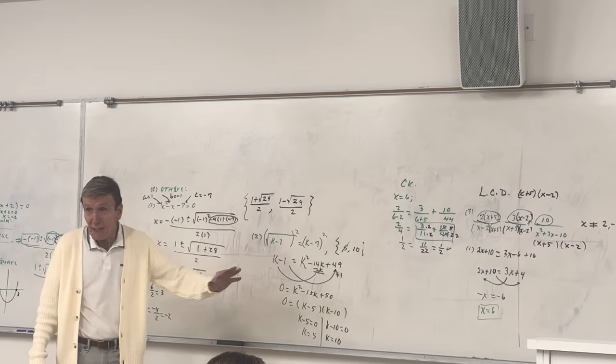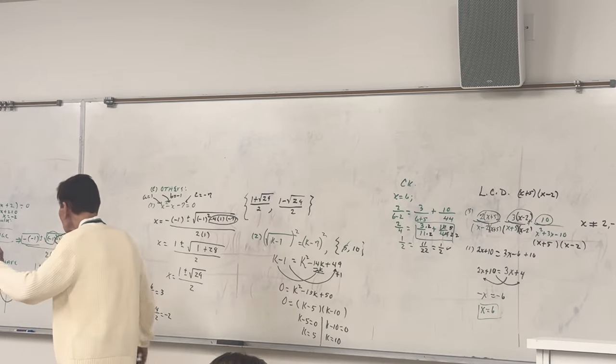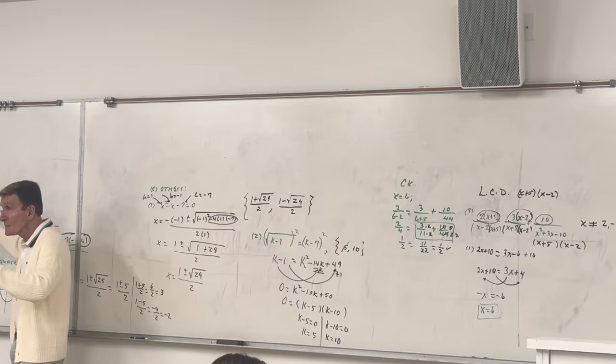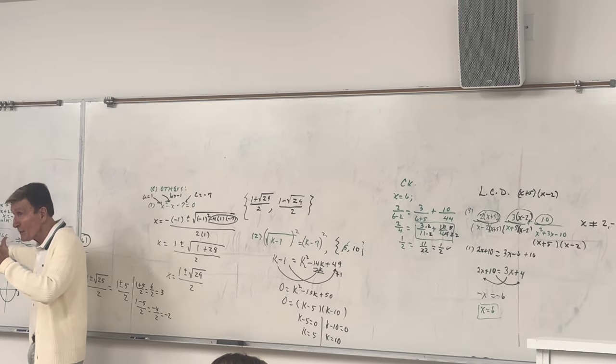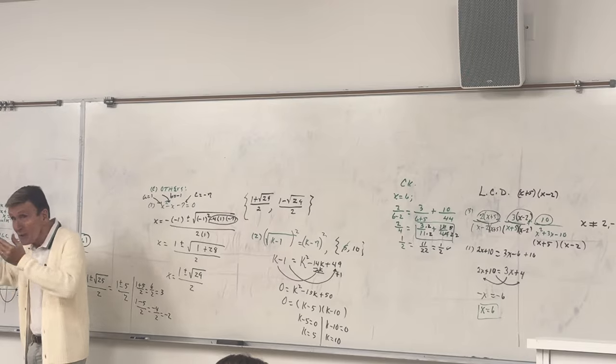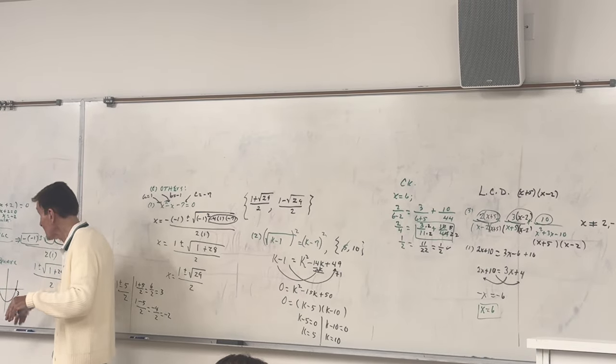Okay, solving equations. Now, the part of the quiz where it says solve, it could be a quadratic. And I may give you the choice of what method I want you to solve that quadratic. I say, make sure you show me quadratic formula. If not, you get to factor if you want to factor. Or I don't think you want to go down here and try to graph, not yet.